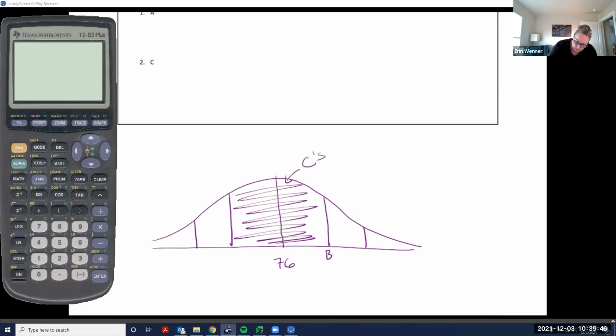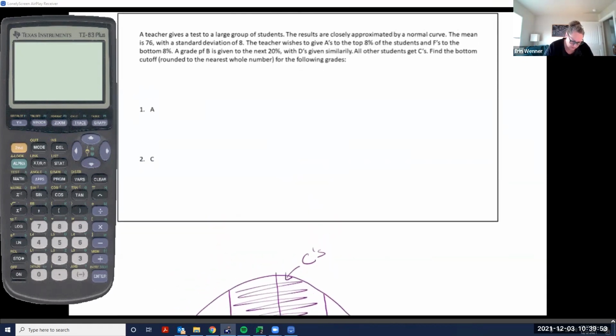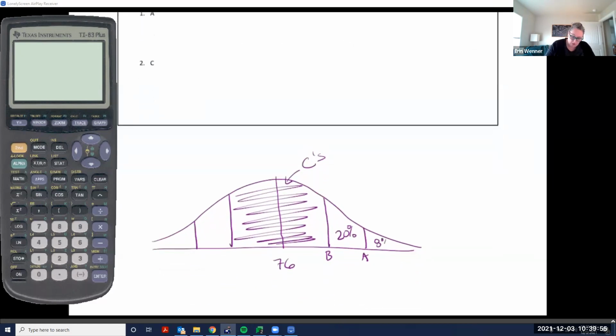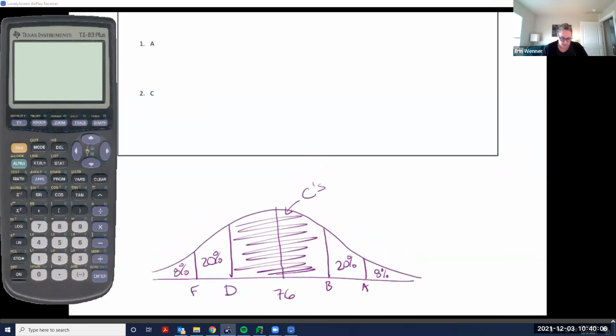The cutoff for a B, we have 20% of the data. In A, we're going to have 8%, is that what it says? Yes, 8%. On the other side, we have D's, which is 20% of the data from D down to F, and then F is going to be for the last 8%. Okay.